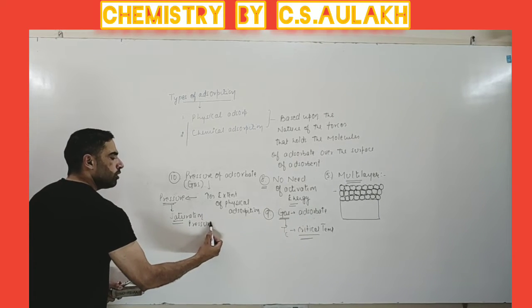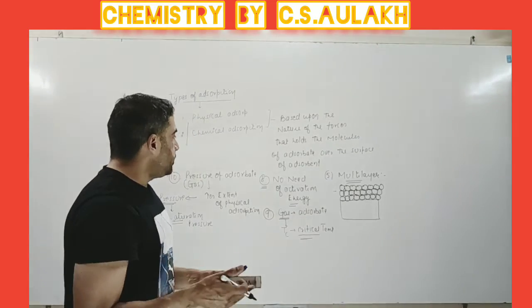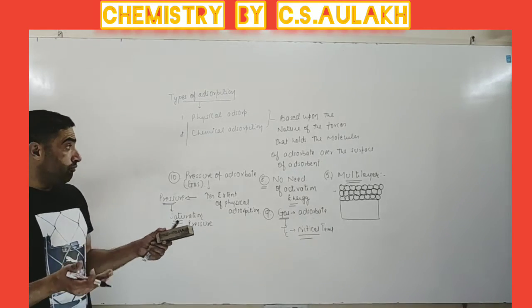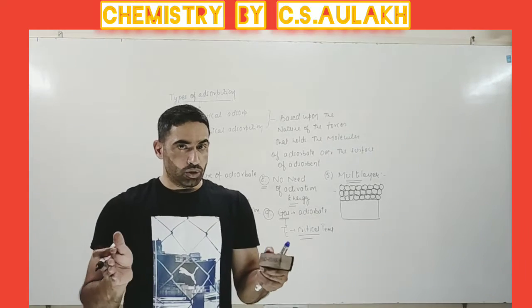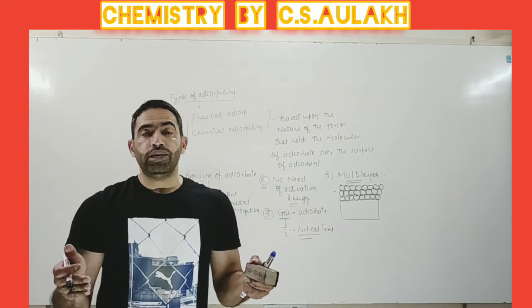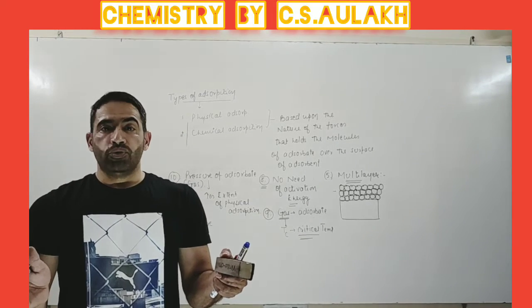Then if we further increase the pressure, the extent of physical adsorption decreases, because initially when we increase the pressure, the adsorption occurs at a higher rate. But as we go on increasing the pressure, a value is reached which is called the saturation pressure.